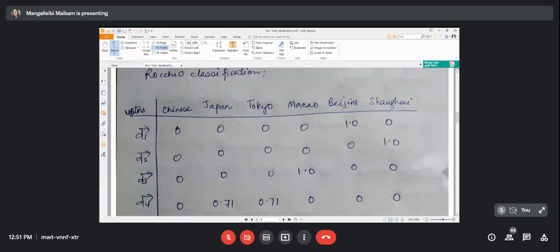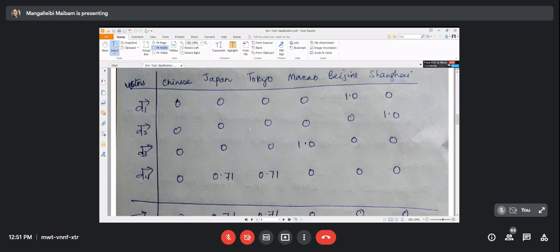Up to that, the calculation remains the same. Finding the IDF is same, finding the new TF score is same, and finding the TF-IDF score is same. The fourth step was to represent the document as vector. Up to those four steps, it is similar for KNN also, so I am directly using that table because calculations up to that are same.